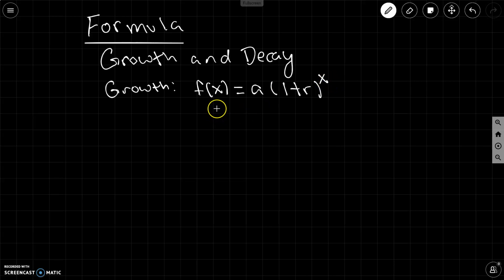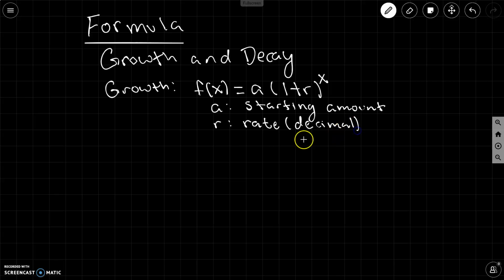Let's break down what these mean. A means the starting amount, the initial amount. R is the rate, which usually means a percentage. It will usually give you a percentage, but we need to make sure it's in decimal form.